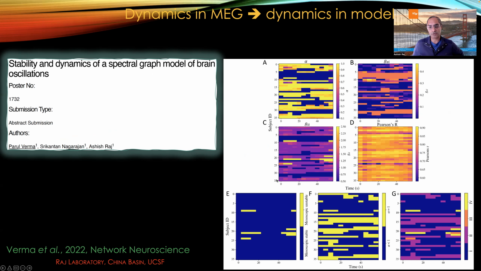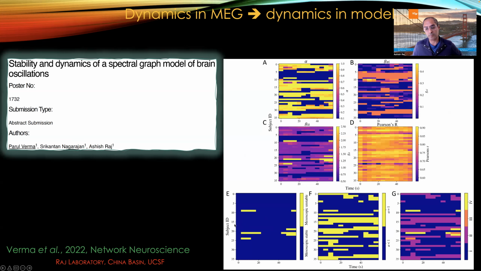And in fact, alpha shows a very dramatic change from close to 0 to close to 1 most of the time.